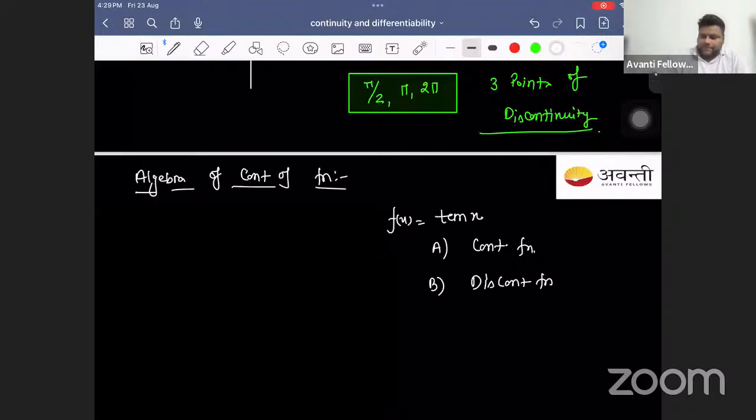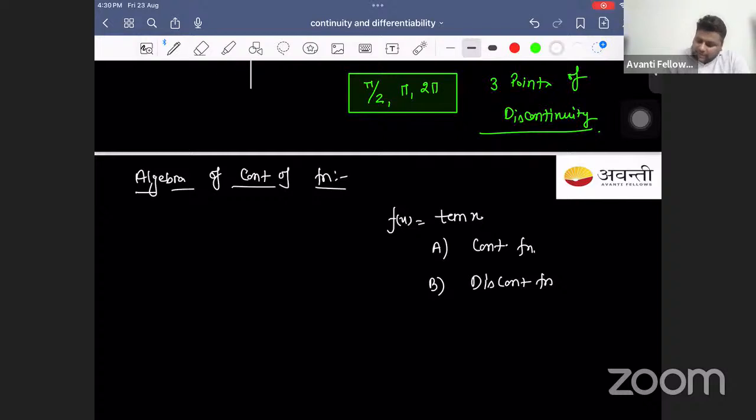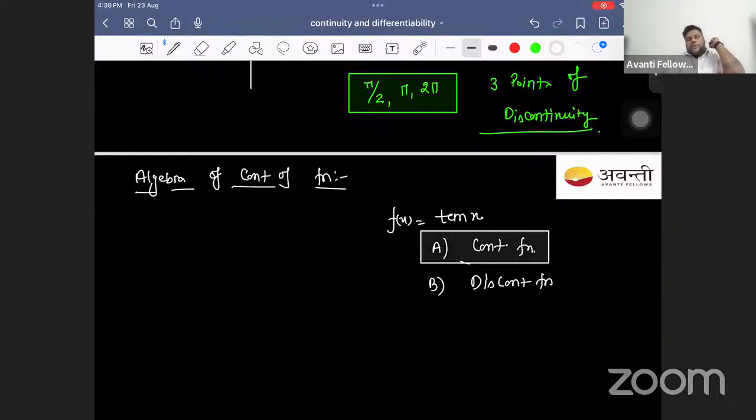Now see, basically, tan x is a continuous function. Whenever we talk about the continuity of a function, or anything about any function, we only talk about it in its domain. Got it?